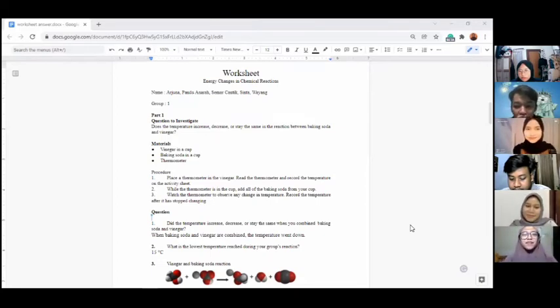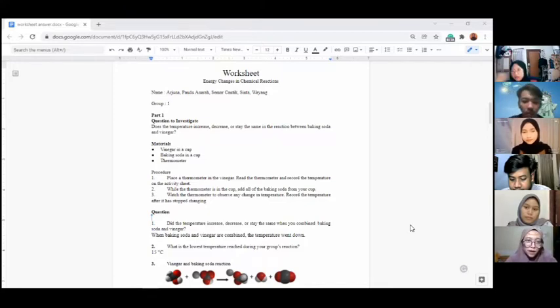Okay, so Assalamualaikum warahmatullahi wabarakatuh. I am the representative from group 1. I would like to introduce our group and the results of our experiment. We are from group 1, which consists of Arjuna, Pandu, Anara, Semar Cantik, Sinta, and Mariam.